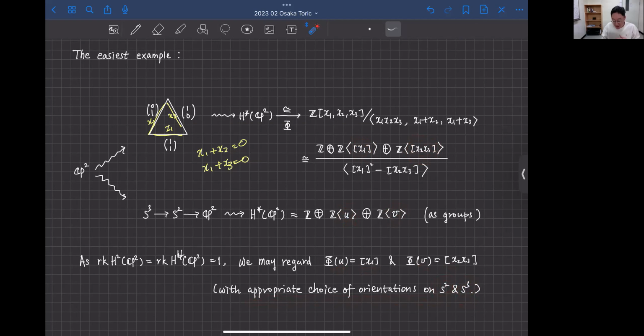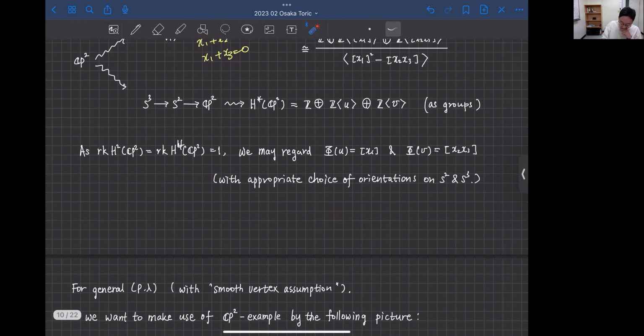The sign corresponds to the orientation of S2 and S3. So this is the easiest example to see the association of the standard presentation and the cellular presentation.